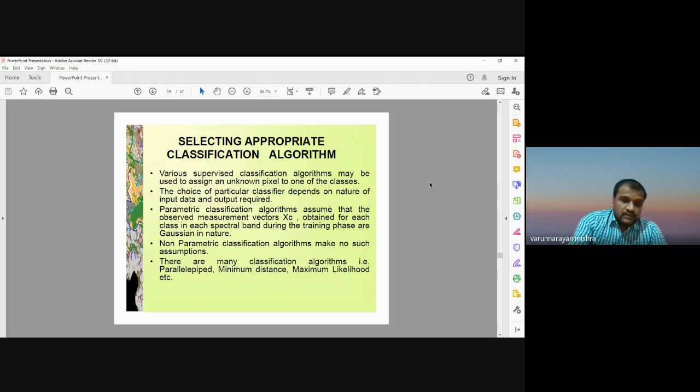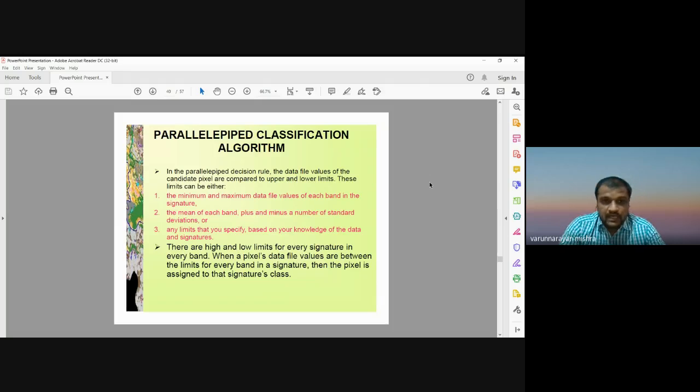Out of which we can select any classification algorithm as per the requirement, as per the nature of the input and output data set. Parallelepiped classification algorithm. In the parallelepiped decision rule, the data file values of the candidate pixel are compared to the upper and lower limits. These are the minimum and maximum data file values of each band in the signature, or the mean of each band plus and minus a number of standard deviations.